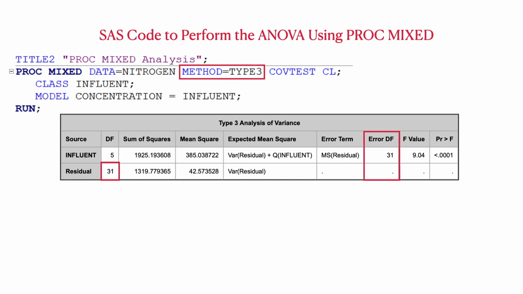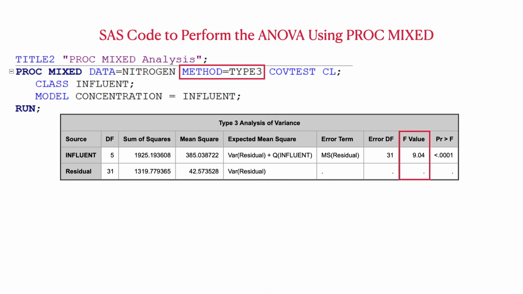This also provides a column labeled error degrees of freedom. And this is giving us the number of error degrees of freedom for testing the significance of a particular effect. Now, because we have a simple one-way fixed effects model, the error degrees of freedom in that first row are the same as the error degrees of freedom in the first column.